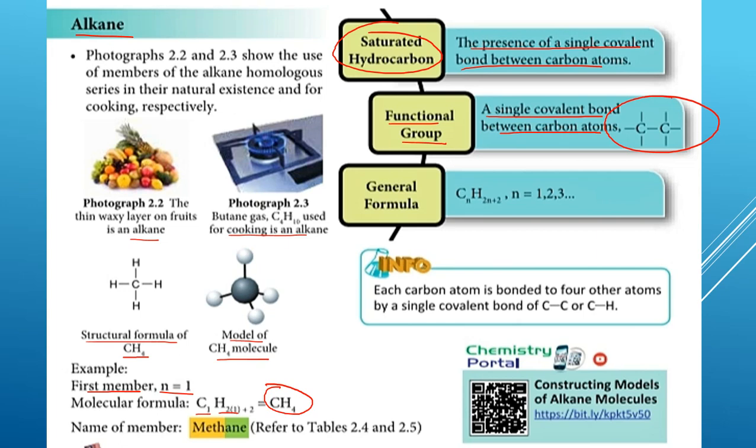The general formula, you should remember this one, CnH2n plus 2, and N starts with 1, 2, 3 and so on. Each carbon atom is bonded to 4 other atoms by a single covalent bond, C-C or C-H. So for alkane, all the bonds are single bonds, no double bond or triple bond.